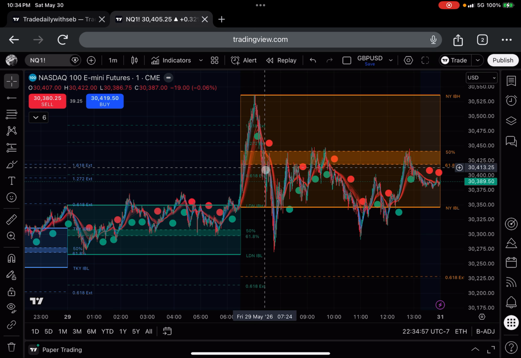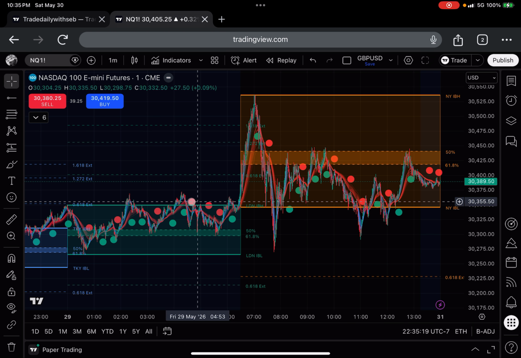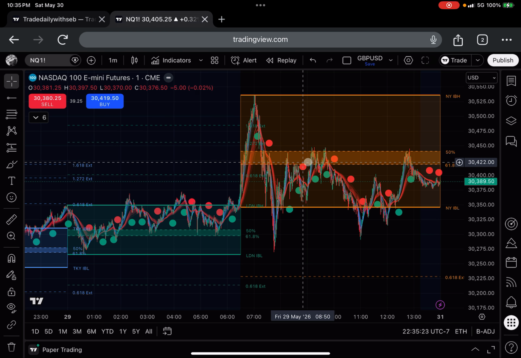If we're in a range day, I literally see the downside go like this. It goes down, hits the initial balance low, comes back into this OTE zone, and it'll bounce back into an area where there's some old resistance levels that are now becoming a support level, and it comes back into the OTE zone.